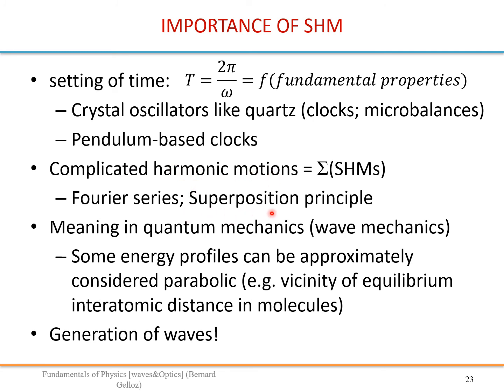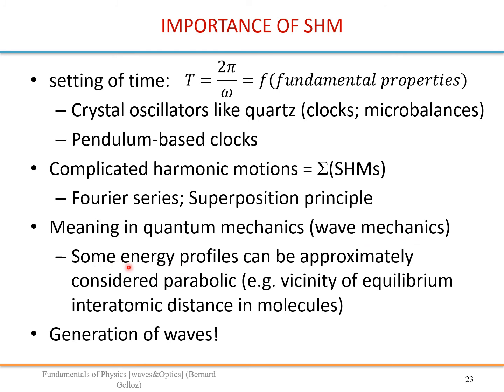This is linked to the superposition principle, so this is very important. It is used everywhere in physics. You will see, if not already, at least next year. It has a meaning in quantum mechanics. There is a quantum mechanical oscillator, which is one of the few exactly solvable problems in quantum mechanics.